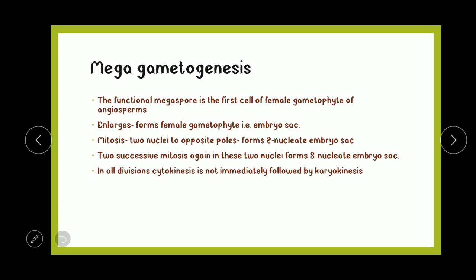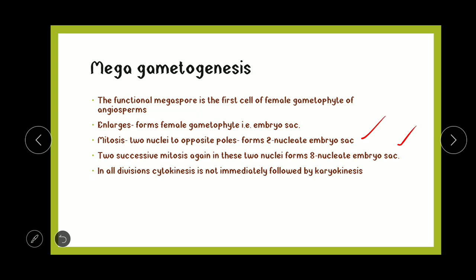Okay, by mitosis, 2 nuclei move to opposite poles to form a 2 nucleate embryo sac. Then mitosis takes place 2 more times in each of the nuclei at the opposite poles to form an 8 nucleate embryo sac. These divisions are special because the cytokinesis is not immediately followed by karyokinesis.